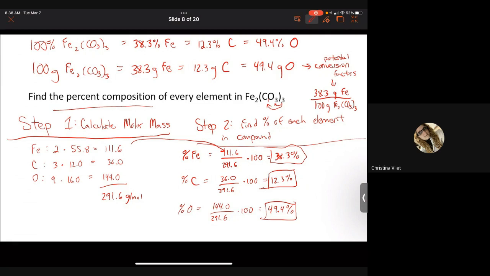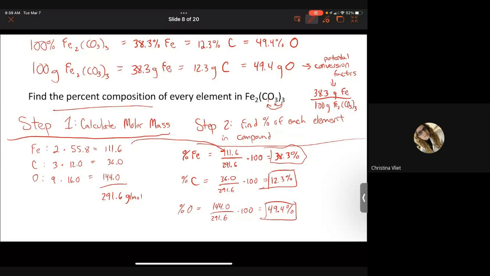And if this is a conversion factor between a compound and the element within, that means you now have an ability to find the mass of any element within a compound. And so that's where we will get to very shortly. But before we do that, and I'm giving you a little bit of time if you wanted to write that down, we are going to go ahead and do a practice question on your end.